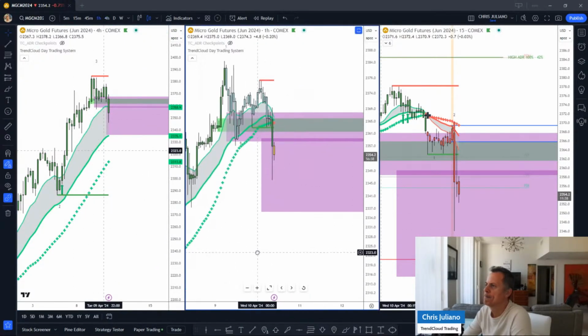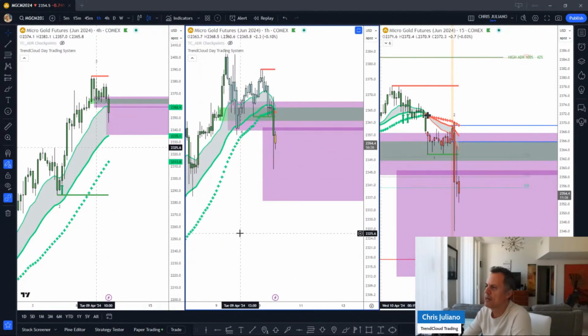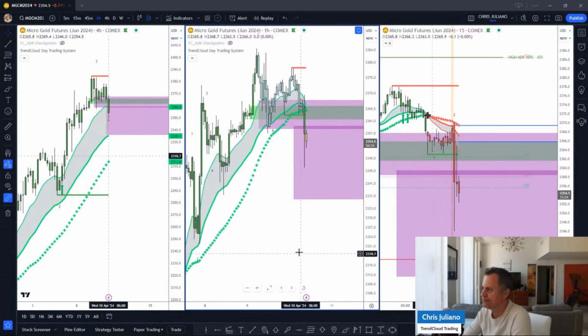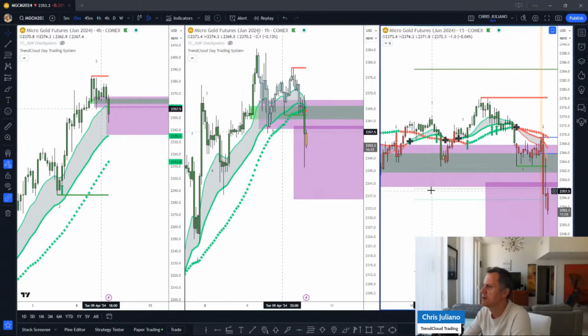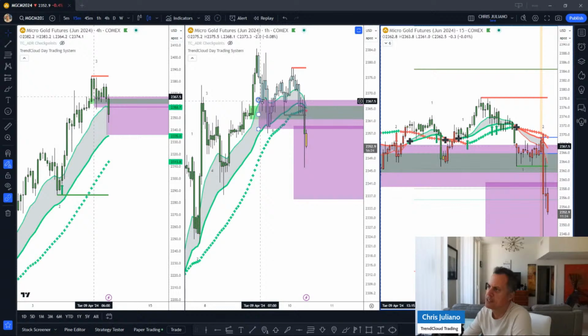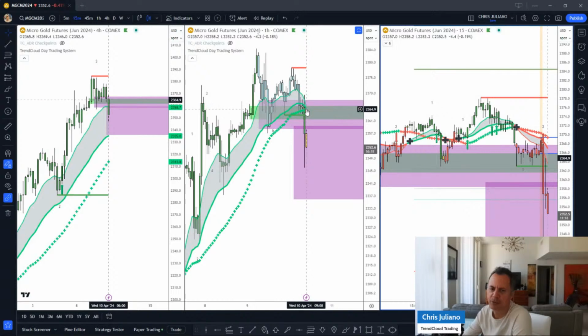And look at what we've got here. 4-hour trend cloud. And in this box here, this was the 1-hour trend cloud at the time. You can see it from here to here. Since then, all of this took place.